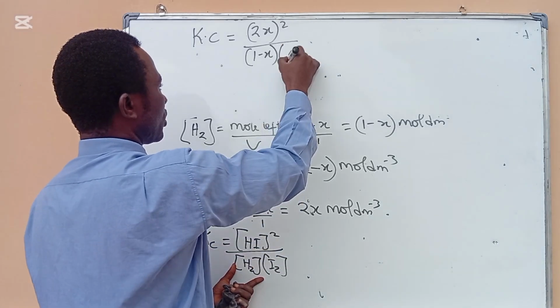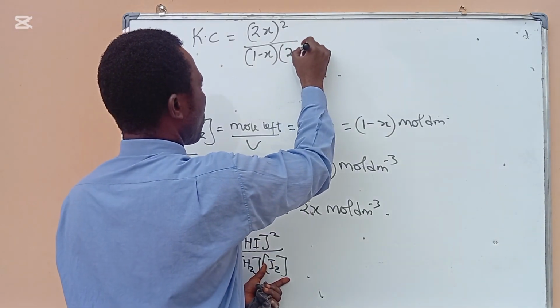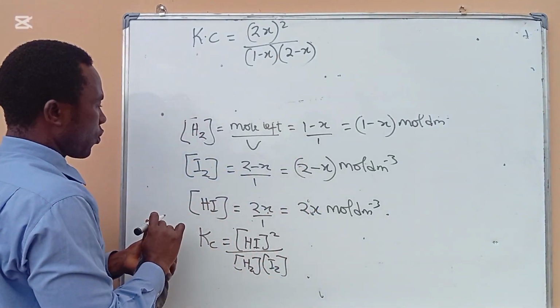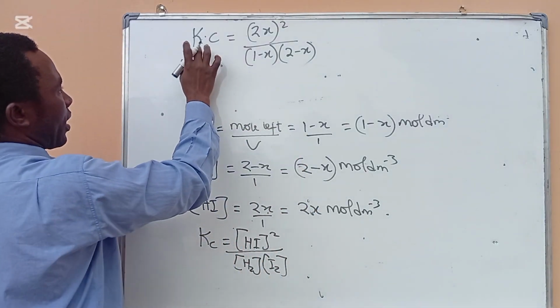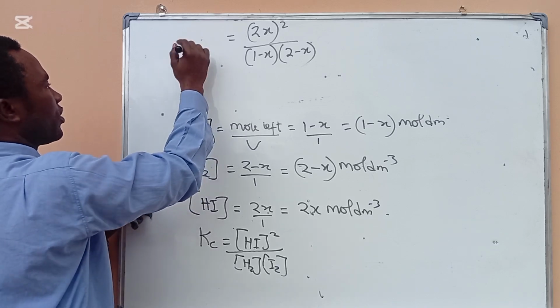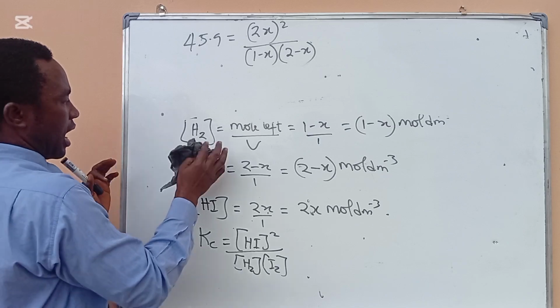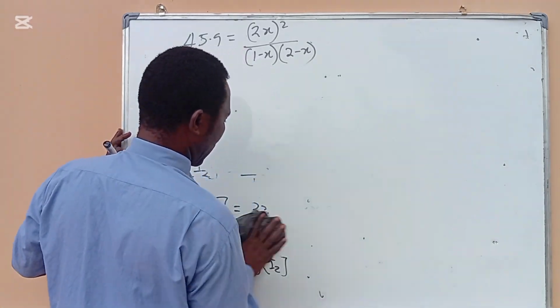Then the concentration of iodine at equilibrium is 2 minus x. Remember our Kc, which is the equilibrium constant given to us, is 45.9.